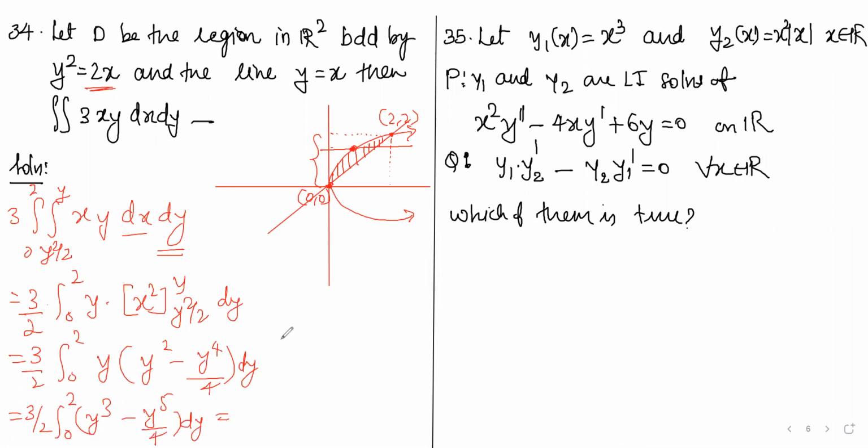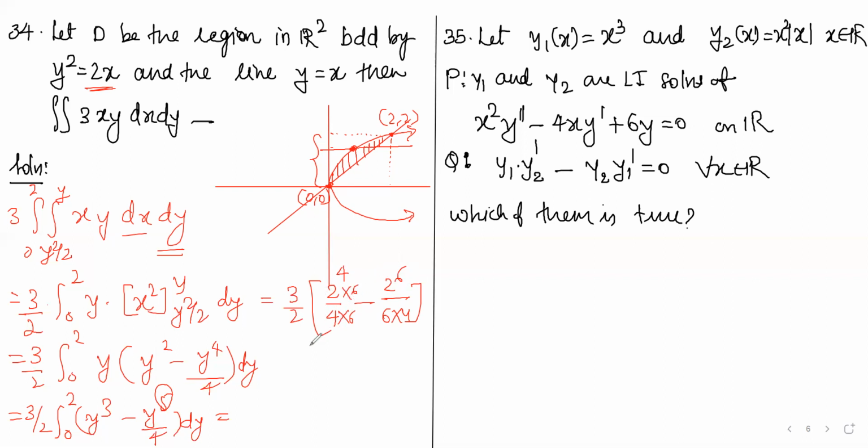I'll write down the result directly. So 3 by 2, and if I integrate y cube, I get y power 4 by 4, which is 2 power 4 by 4, upper limit minus lower limit. And minus, for the other term, when I integrate I get y power 6 by 24, so 2 power 6 by 24. I multiply by 6 and 6 just to make the denominators consistent.